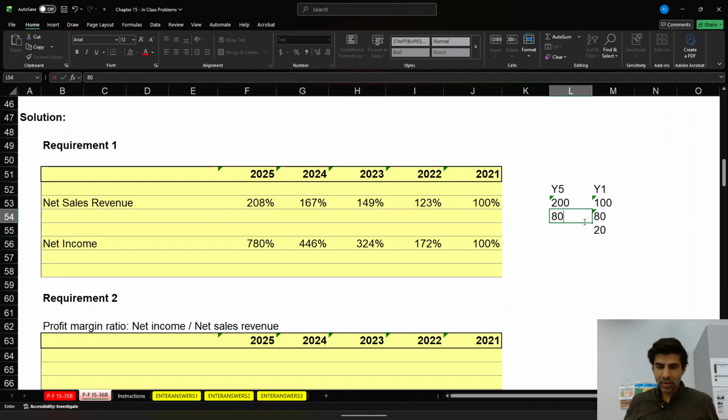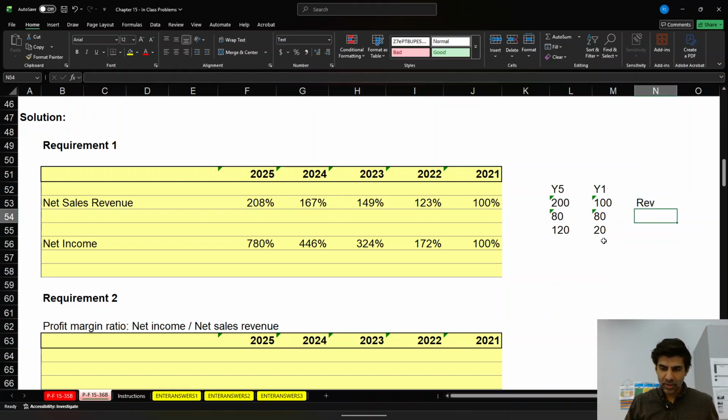And let's say our expenses didn't change at all. Okay, so you can see here that our revenue doubled, and again, this is revenue, this is expenses, and this is net income. So you can see that the revenue's doubled, but our profit has gotten 6x, right?